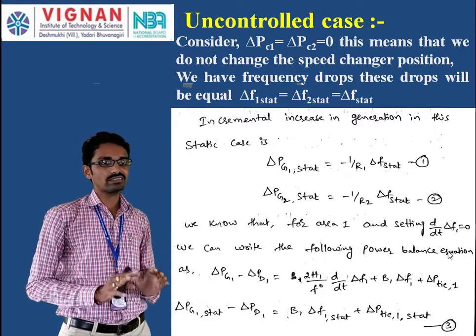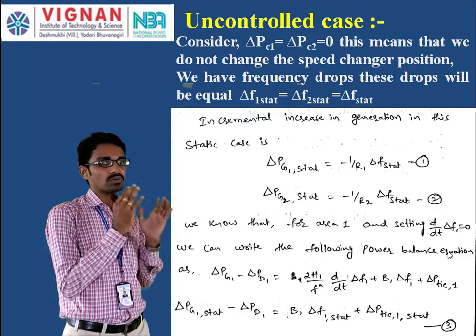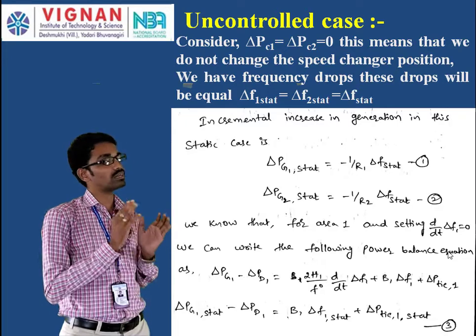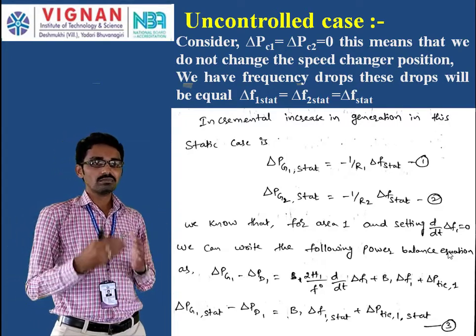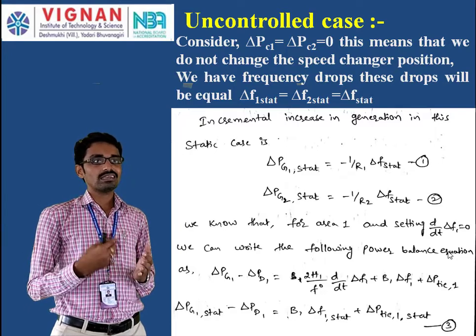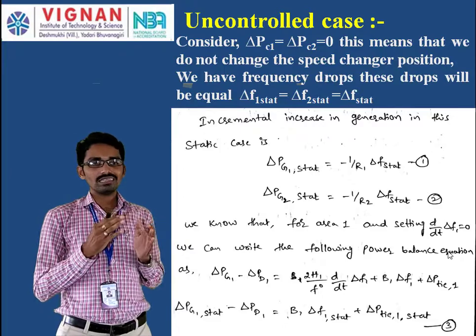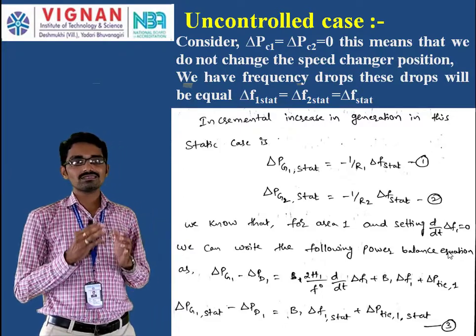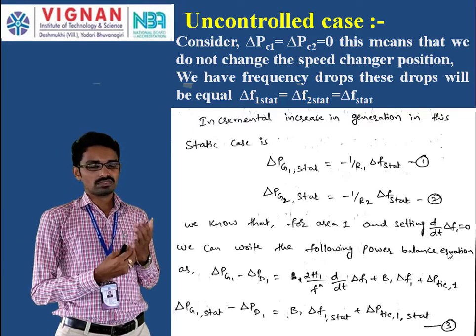In the uncontrolled case, I am considering delta f static 1 equal to delta f static 2 equal to delta f static. So if we consider the incremental increase in generation in the static case, delta Pg1 static is equal to minus 1 by R1 delta f static.